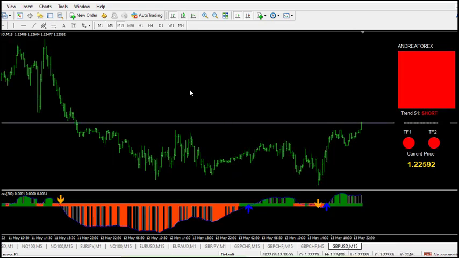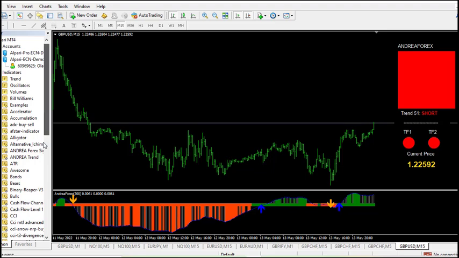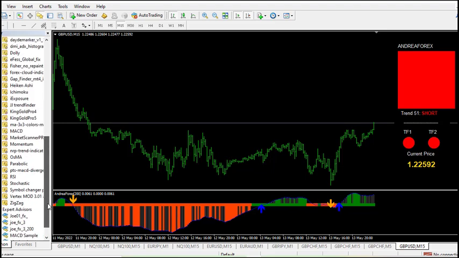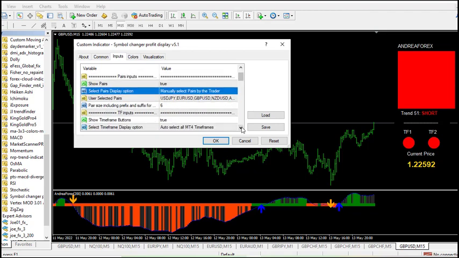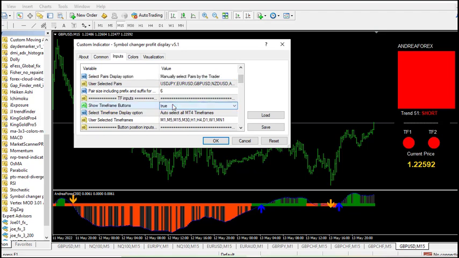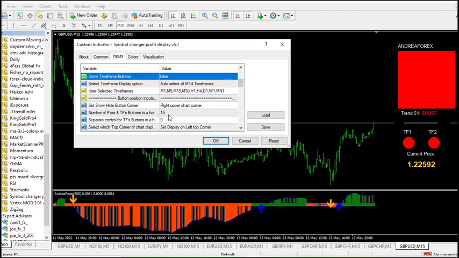So the other indicator I would like to add is symbol changer, and let me add it now. Here it is, and I'm just going to paste the pairs I want to look out for. The other thing I will need to turn off is this, and then the number of pairs, just 2 per row, horizontal.